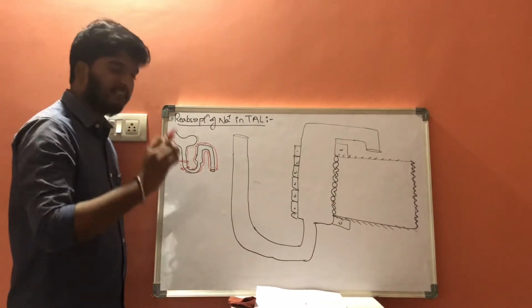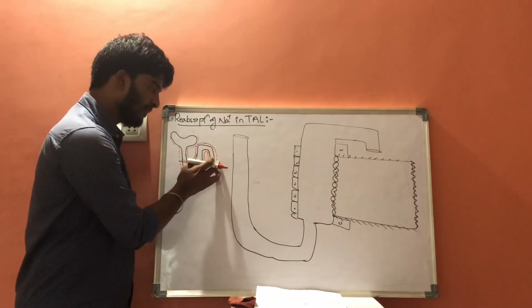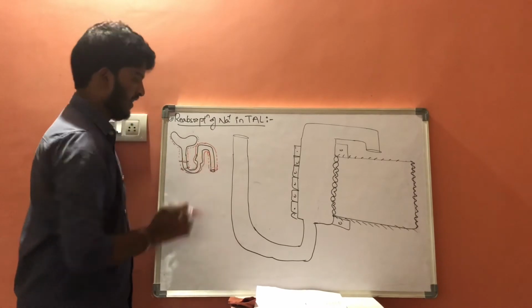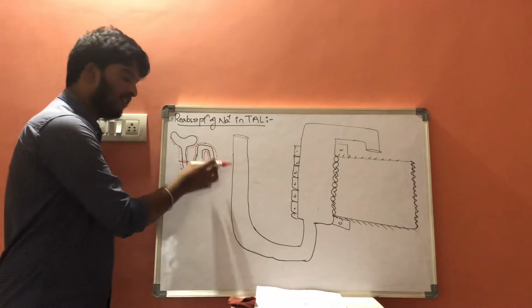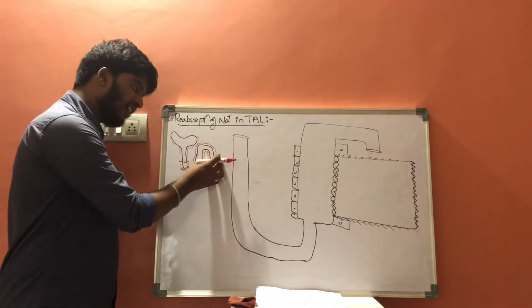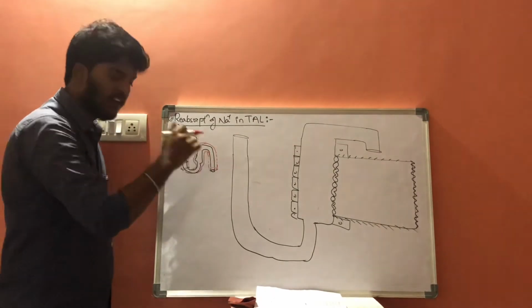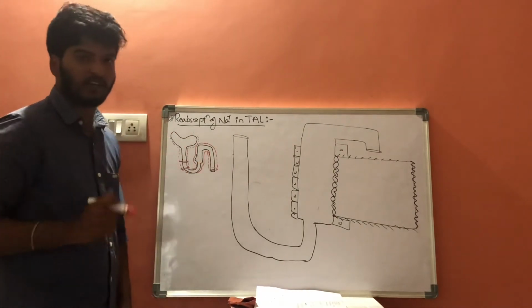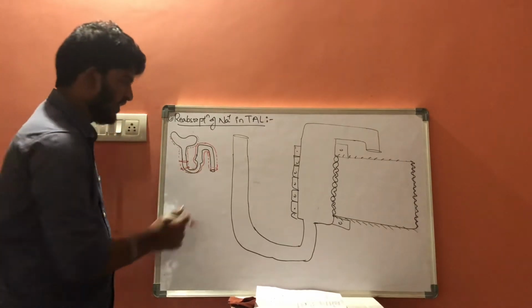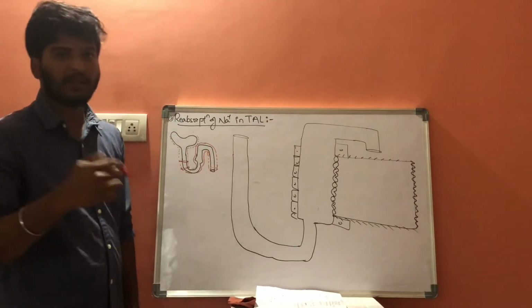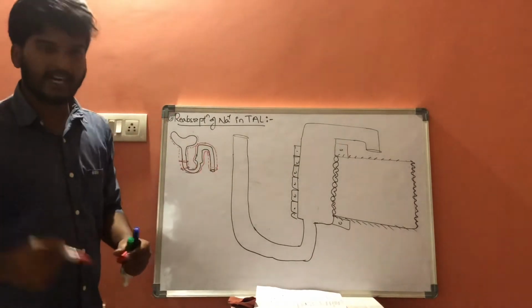If the hormone ADH is present, whatever fluid is present inside the collecting ducts will act as permeable to water. If there is absence of ADH hormone, this region will act as impermeable to water. This is to be remembered by a bright student.